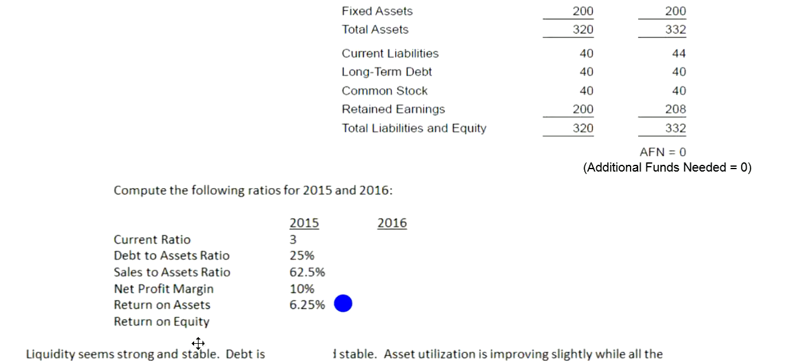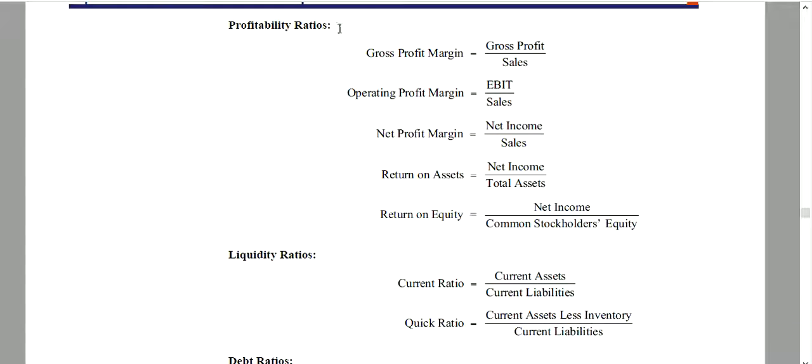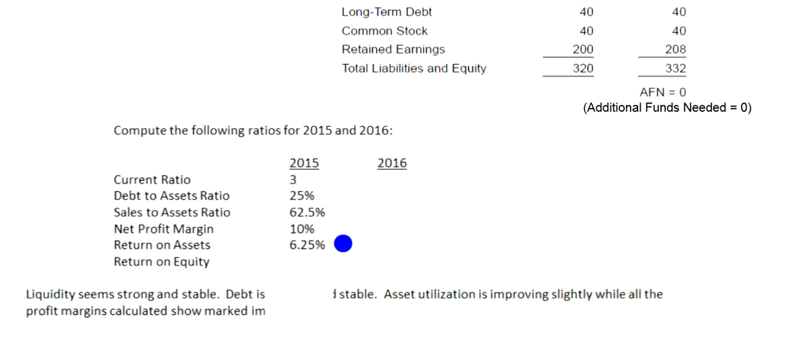We're good. Our last one is return on equity, which is another profitability ratio, which is net income over common stockholders' equity. This is a little bit tricky because they give common stockholders' equity.